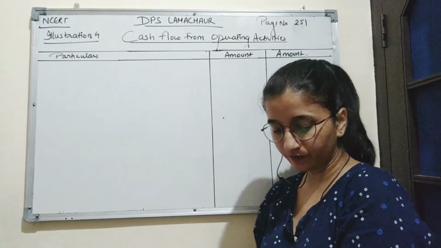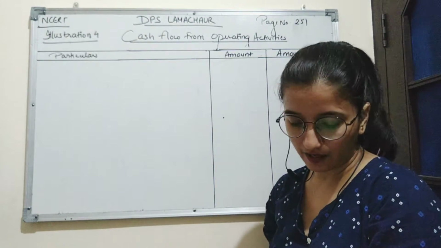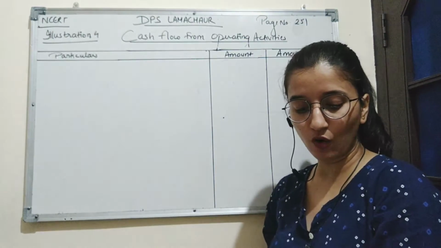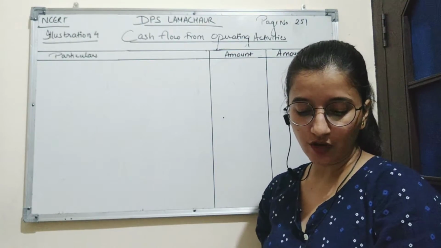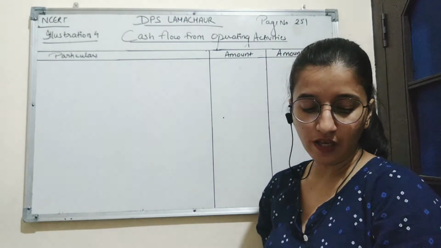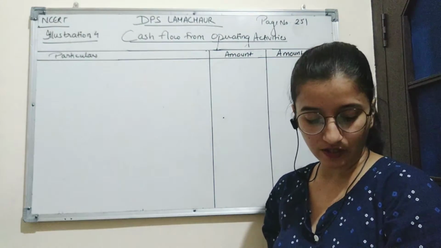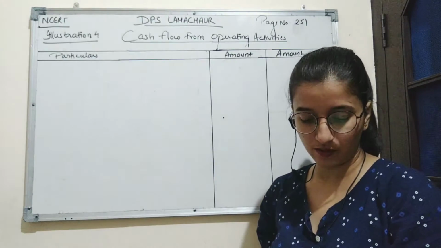According to the question, Charles Limited made a profit of rupees 1 lakh after charging depreciation of rupees 20,000 on an asset and a transfer to general reserve of rupees 30,000. The goodwill amortized was rupees 7,000 and gain on sale of machinery was rupees 3,000.